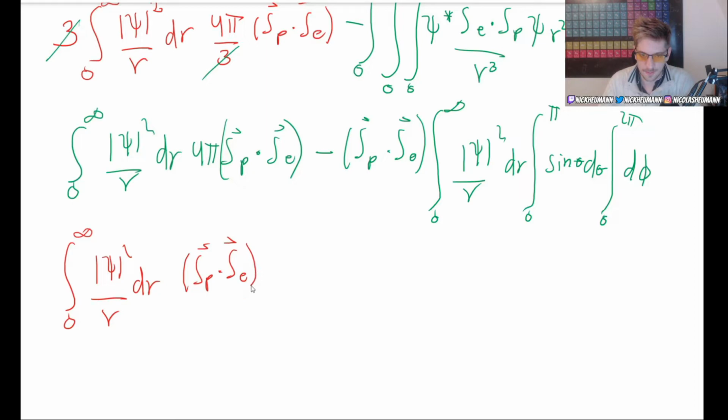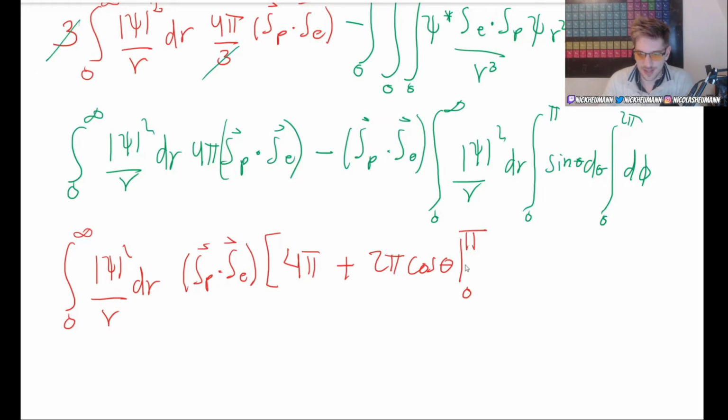Then we get from this first term 4 pi, and then minus these integrals. But what are the integrals? Well, this one is easy. It's simply 2 pi. And this one is going to be minus cosine, so we get plus here, cosine of theta evaluated between 0 and pi.